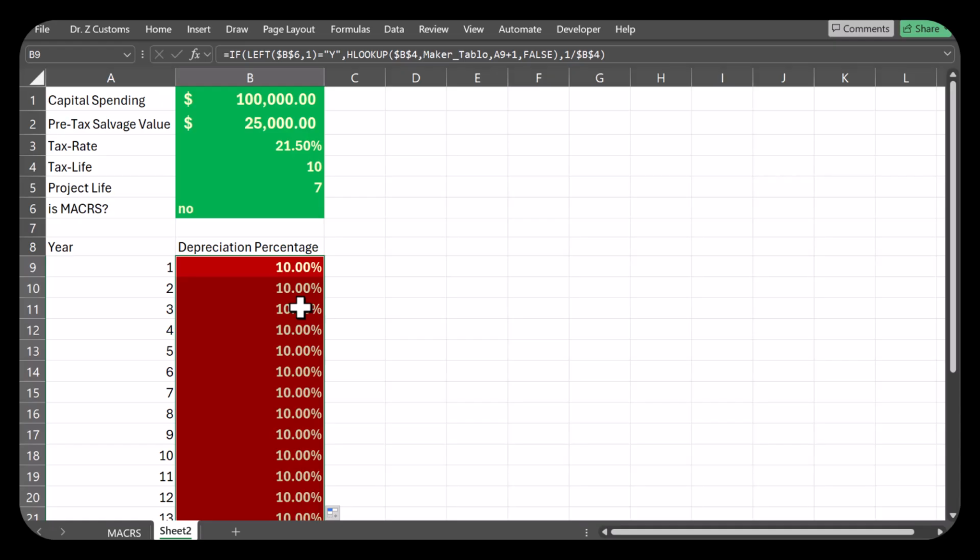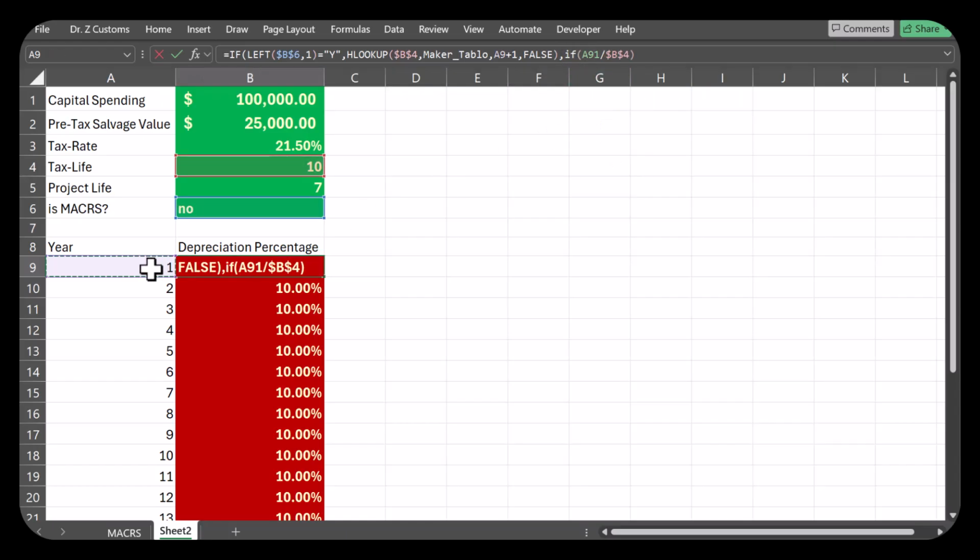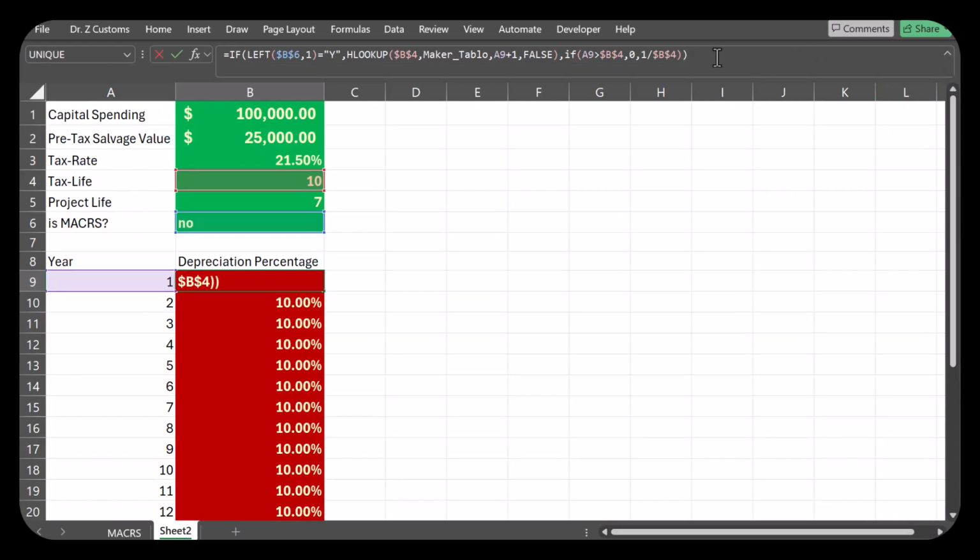So let's see. If this year is greater than the tax life, 0. Otherwise, I think I have one more.